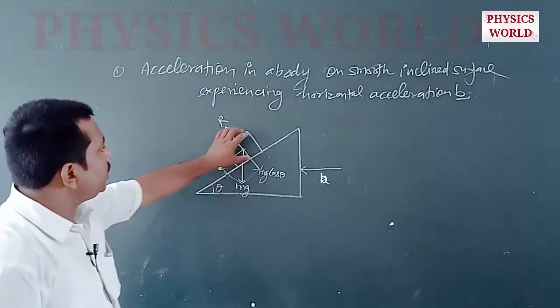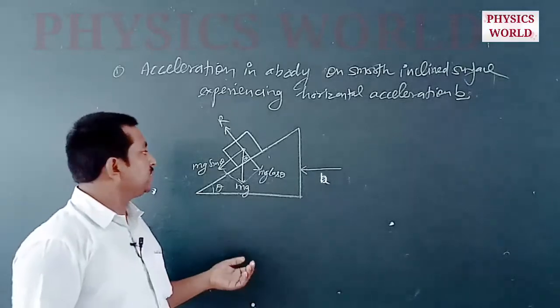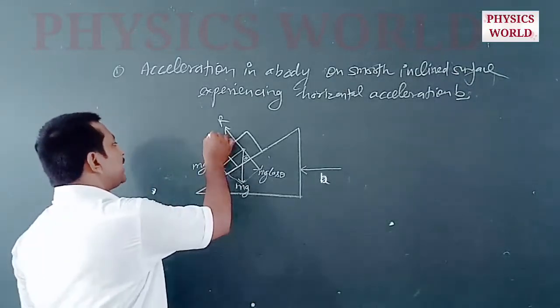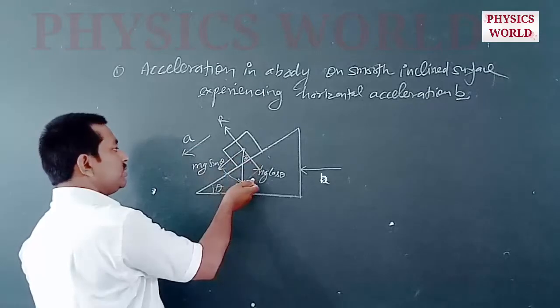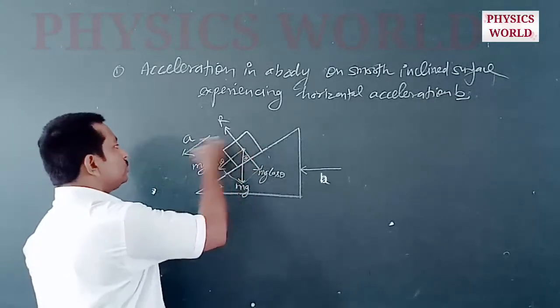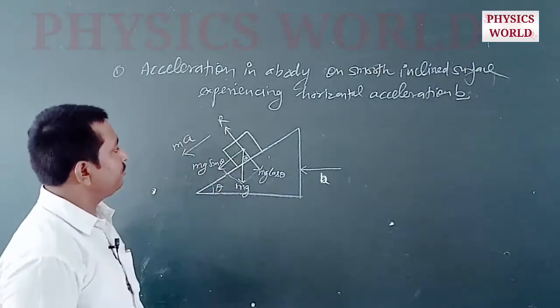Suppose that the body will tend to move in this direction by its own component. So if the acceleration acting on this body is a and the mass of this body is m, the force experienced by the body along this direction is ma.